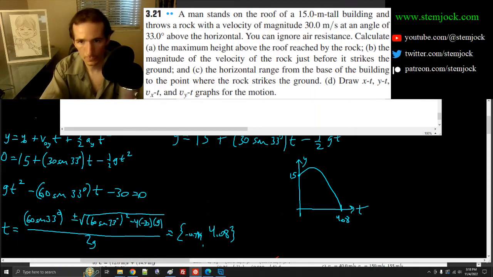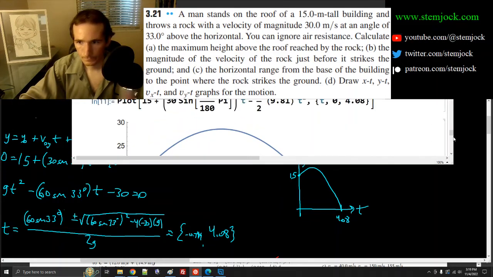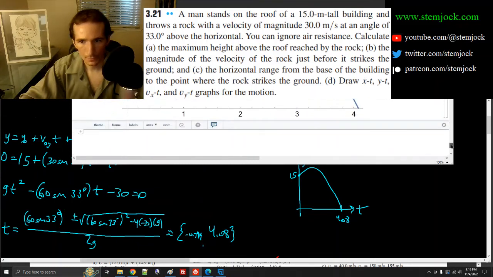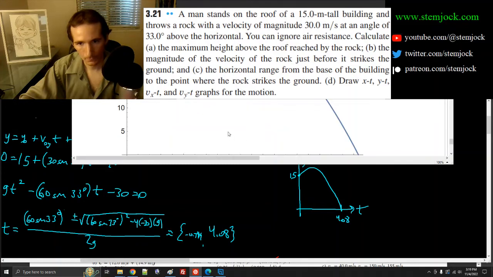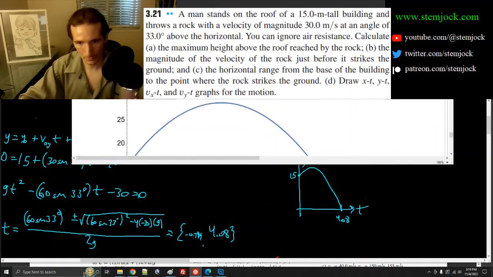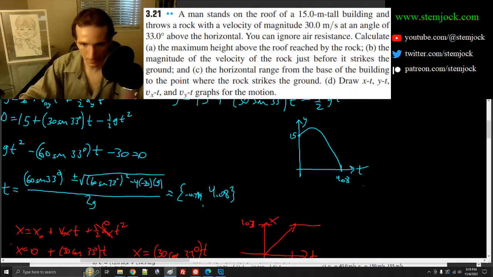T goes from 0 to 4.08. And yeah, that's pretty much what we drew here. But it's much nicer than the sketch I drew. But yeah, that's basically the idea for that. So x versus t, y versus t. What's next?